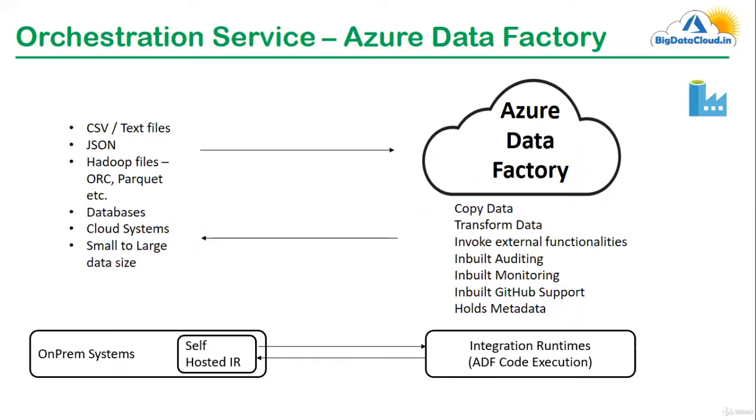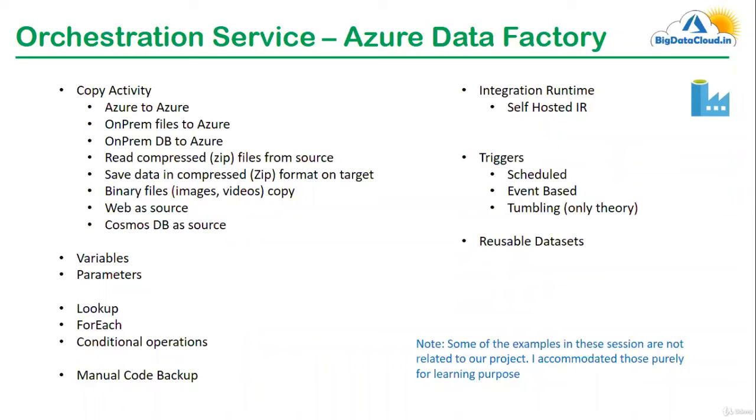In this course, what we are going to cover first is copy activity, so moving data from one system to the other. Point one is Azure to Azure. You may ask why Azure to Azure. There are some use cases or scenarios where we want to copy data from one storage to the other storage, or one storage to another database. The next one is on-premise files to Azure and on-premise database to Azure.